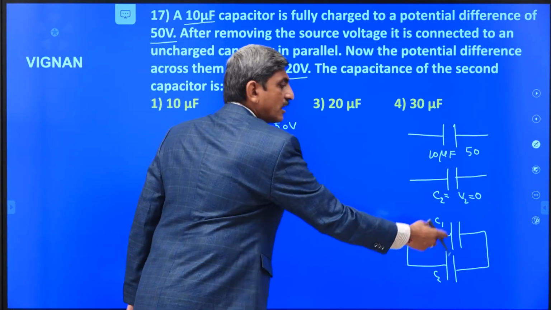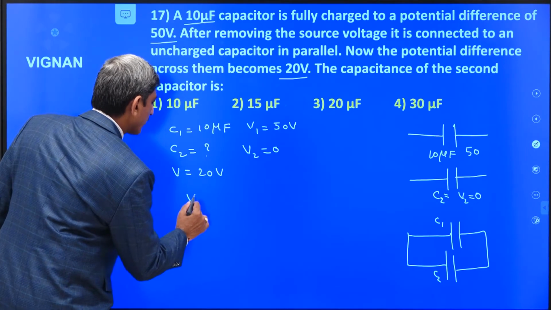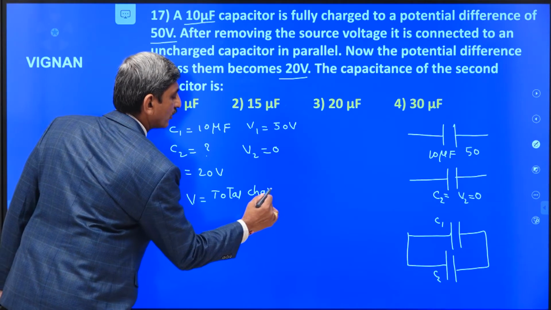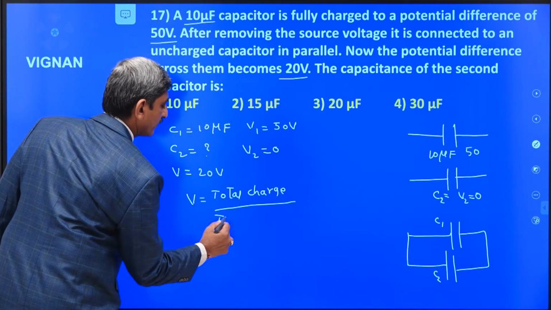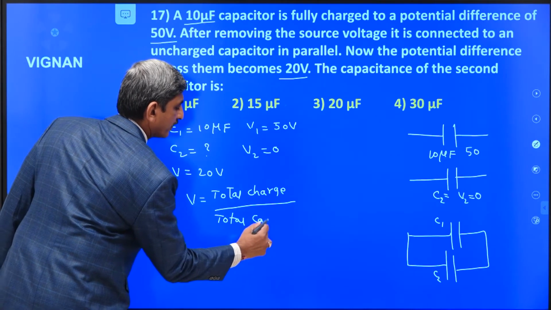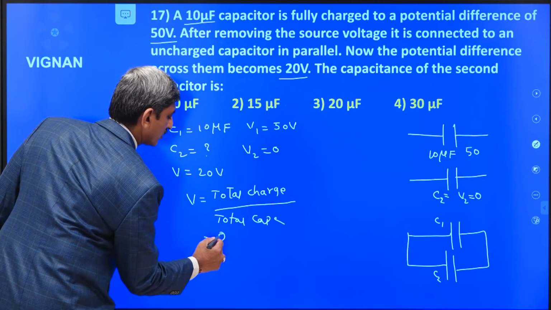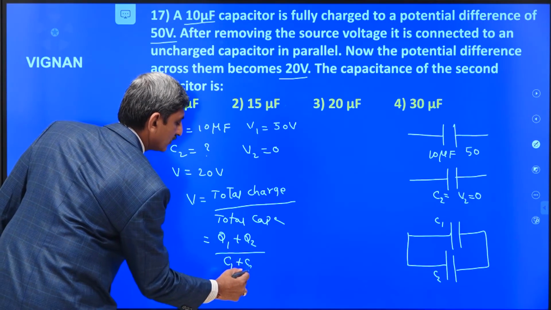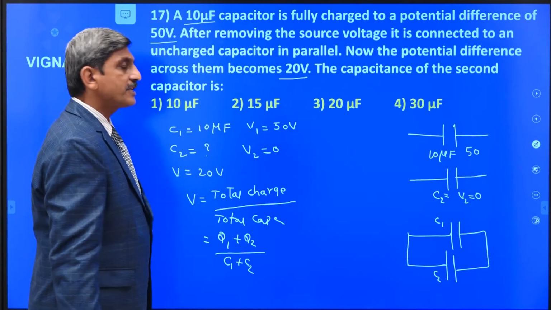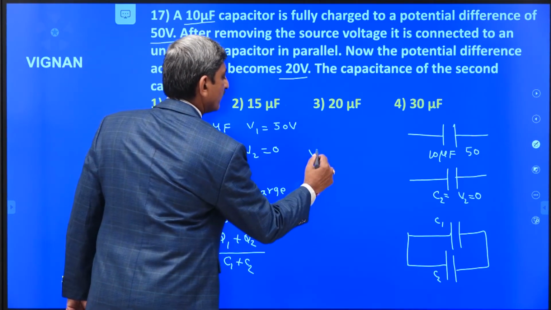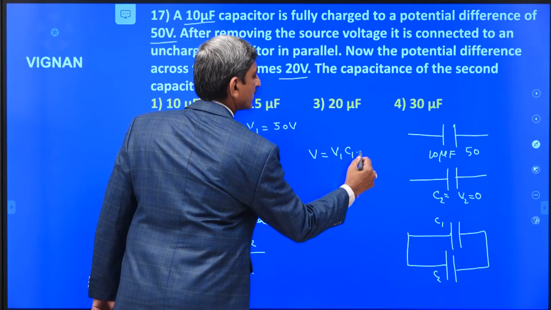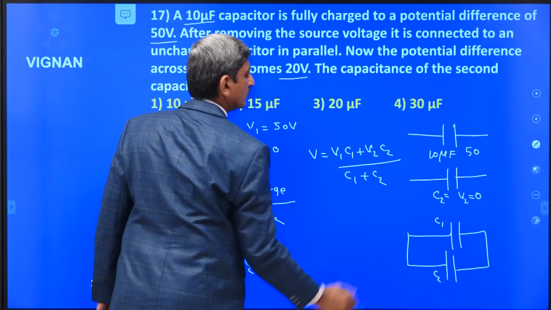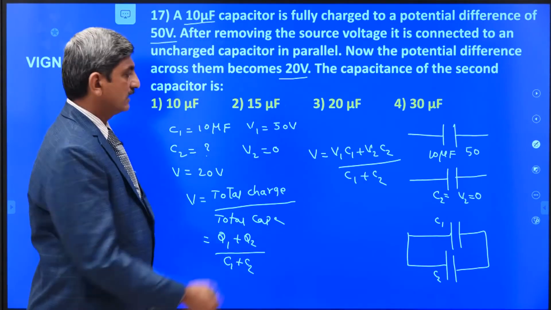Across this combination, the common potential is given by the formula V is equal to the total charge divided by the total capacitance value. This is equal to (Q1 plus Q2) divided by (C1 plus C2). By substituting Q is equal to VC, we can write it as V is equal to (V1 C1 plus V2 C2) divided by (C1 plus C2). Now substitute the values in that equation.